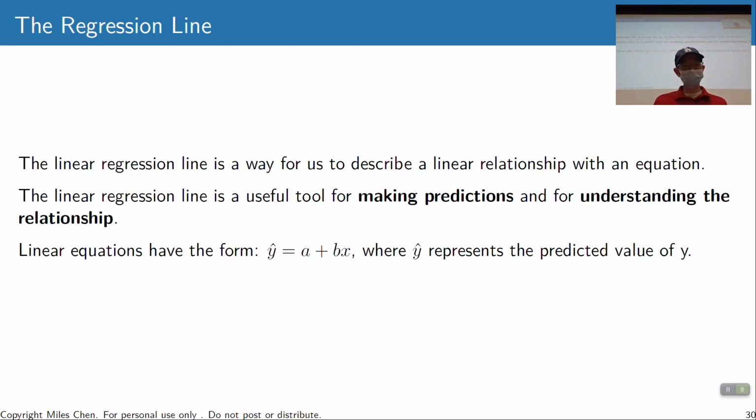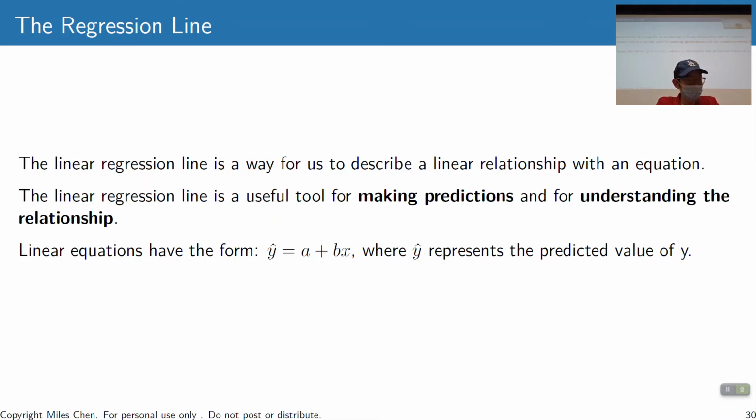So if you think back to your algebra days, the equation of a straight line is y equals mx plus b, where m is the slope and b is the intercept. Okay? Same kind of idea here.